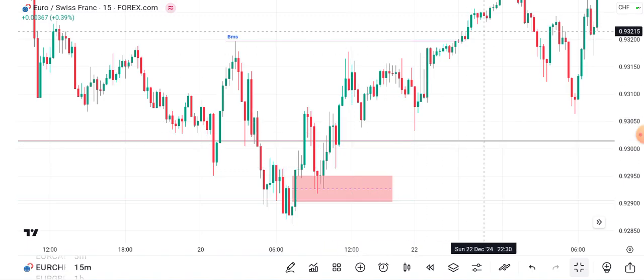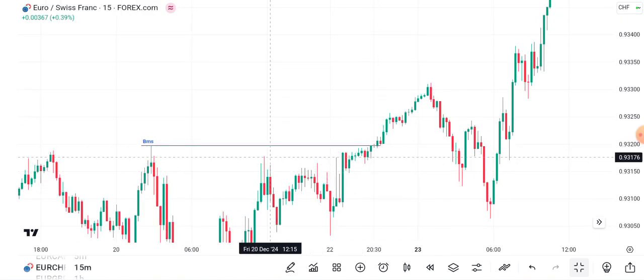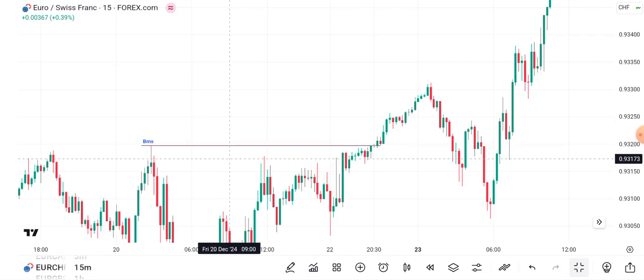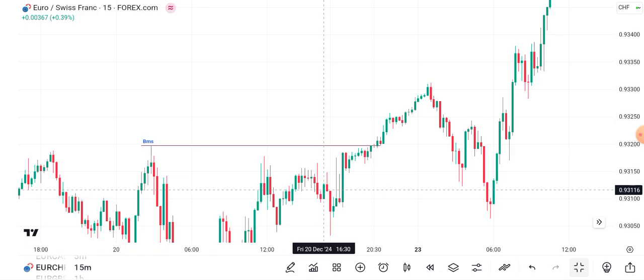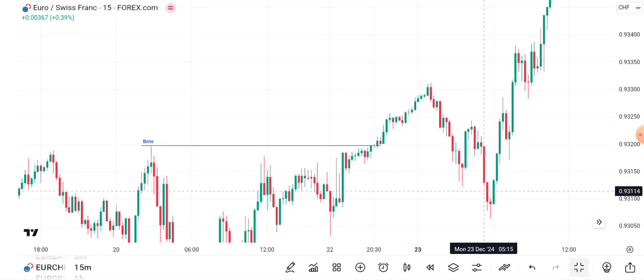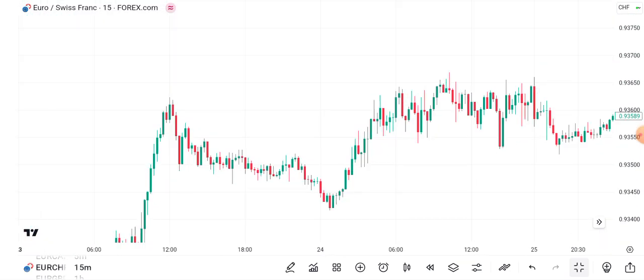Trade higher. It broke this last lower high of the 1-hour market structure, retracing to the 50% Fibonacci, and then you can see that price began to continue higher.